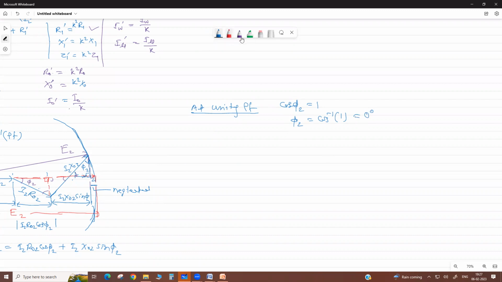It means, suppose this is your voltage V2. Then your current is in phase with the voltage here. This is your I2, as phi 2 is 0 degree.